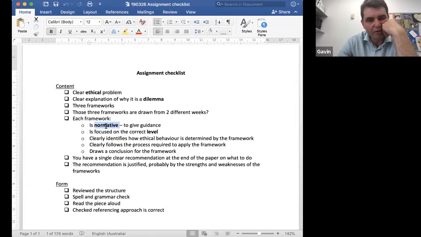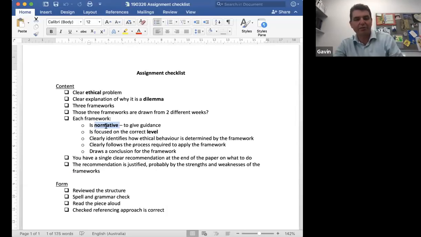But Kohlberg is used normatively, so you can use it normatively, but it's difficult to use it normatively. Why? If you think about Kohlberg, the problem is Kohlberg doesn't help you decide what to do. It doesn't tell you to do or not do something. What it actually helps you do is analyze.